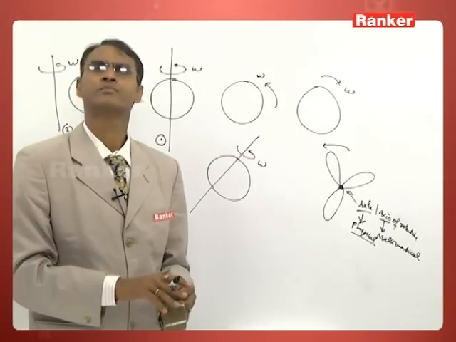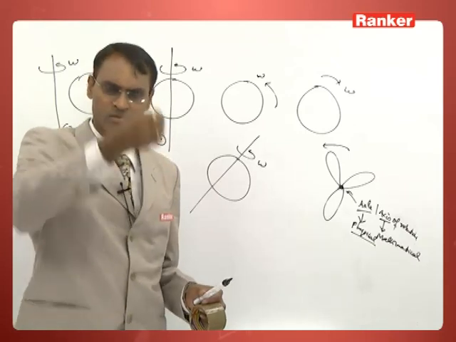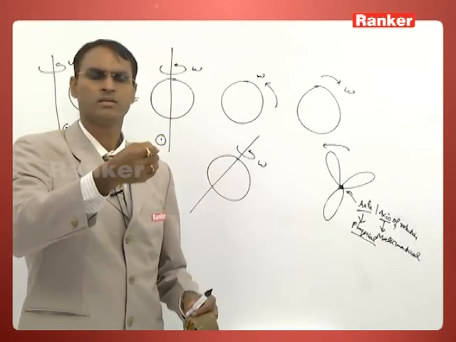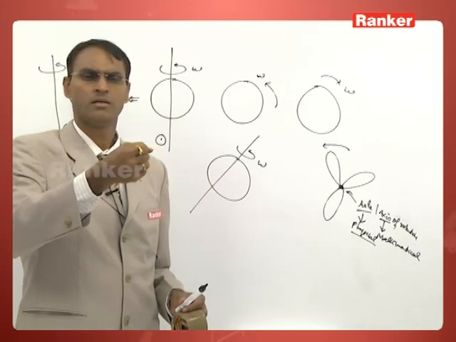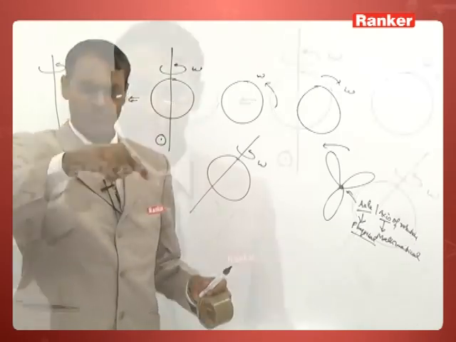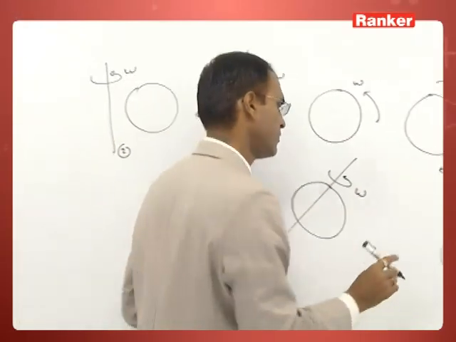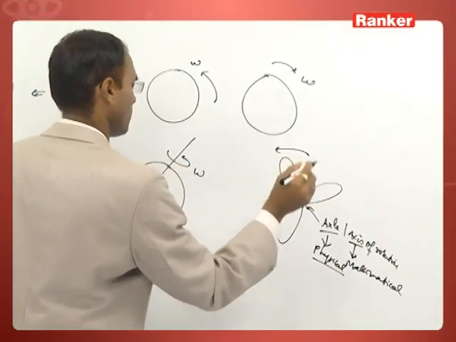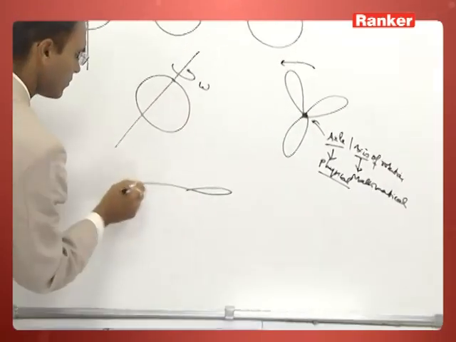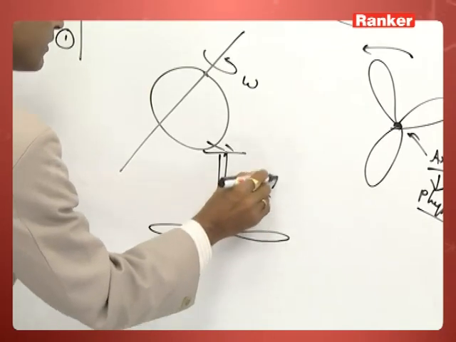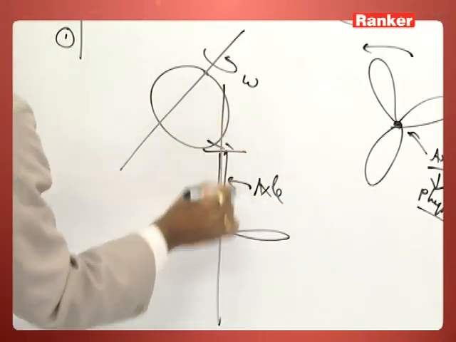Suppose you take the axle, the rod by which the fan hangs from the roof. This is the axle. This is the axis.